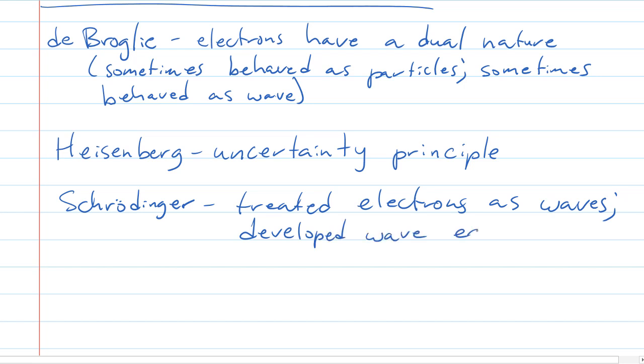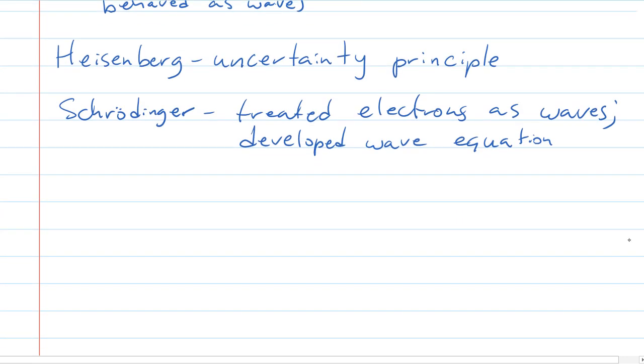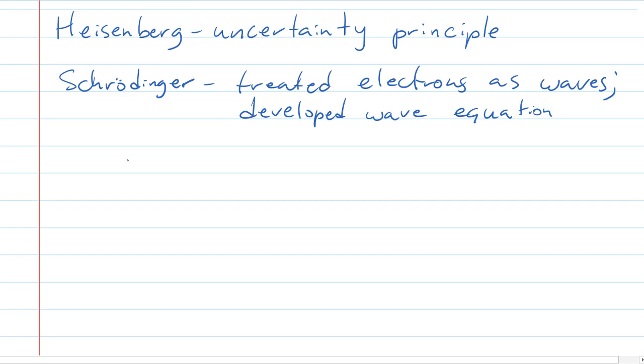Now, the mathematics of the wave equation is also way beyond what we can cover in here. But what we can do is look at the results of the wave equation. And what the wave equation wound up showing was that it defined orbitals.